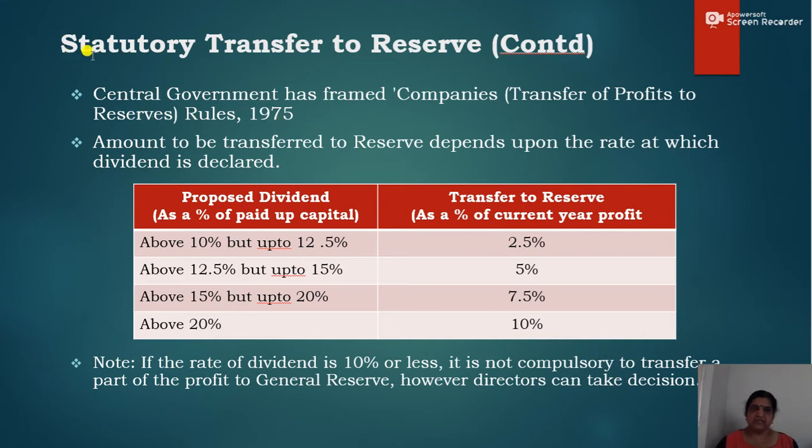The amount to be transferred to reserve depends upon the rate at which dividend is declared. So this is the table showing the amount to be transferred to reserve, that is, the statutory transfer to reserve.